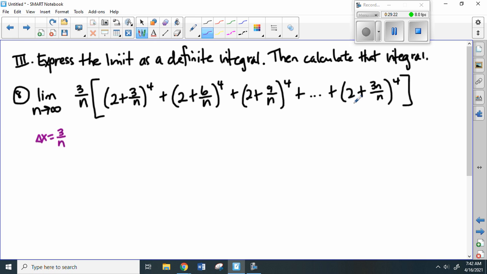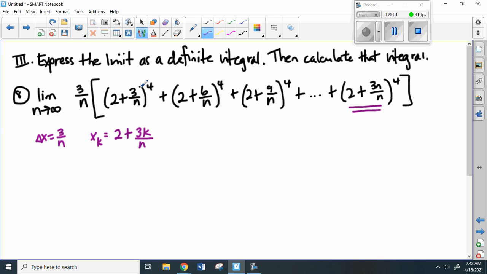And if you look at the very last term, it helps you see what the pattern is better, because when they plug in this last n, that's really where the k would have been in each individual term. And so you can see that the formula for x sub k can be written as 2 plus 3k over n.